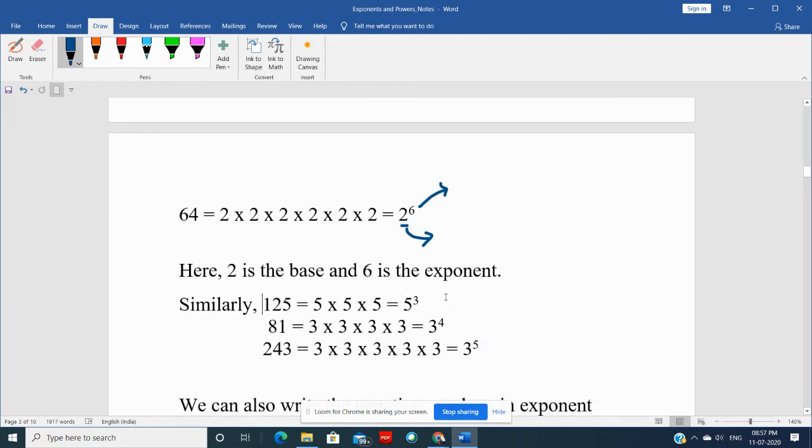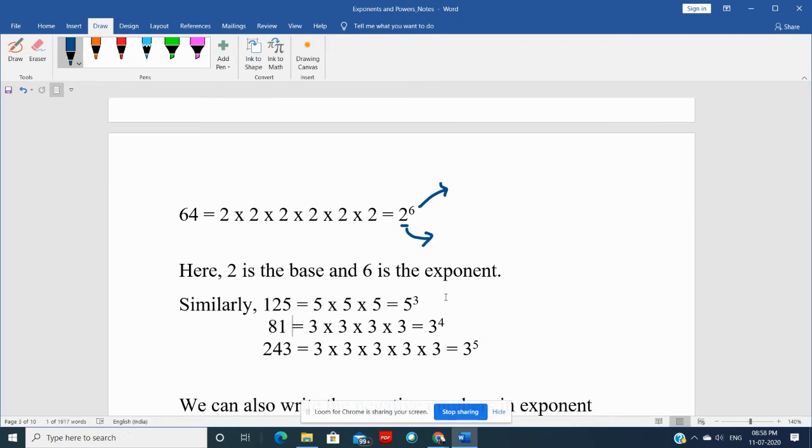Similarly, take numbers like 125. We know that we should always start with 2, but the unit digit of 125 is 5, so naturally we will divide by 5. So 5 into 5 into 5.